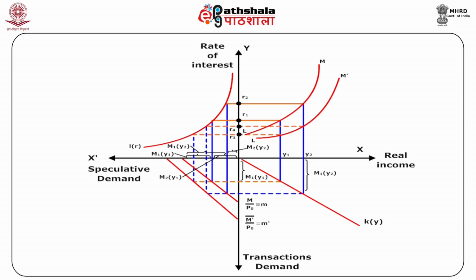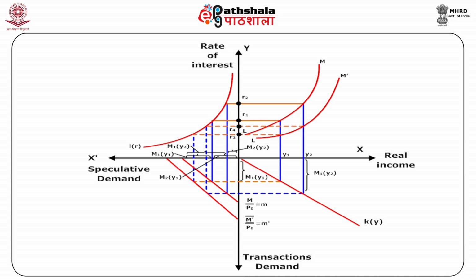And this transactions demand for money, according to the properties of similar triangles, is translated onto the negative x-axis. Then you would notice that out of the total money demand, which is measured on the negative x-axis, a part is M1 and the remainder is M2.